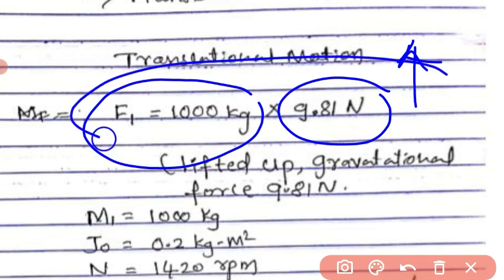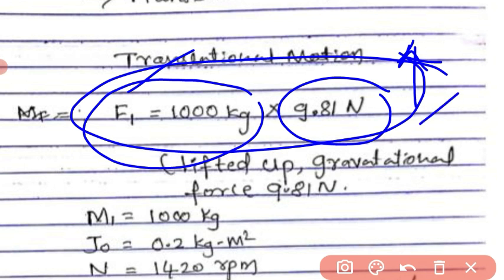So we have to multiply with 9.81 here. F is nothing but 1000 into 9.81, and M1, the mass, is 1000 kg. J0, the motor moment of inertia, is 0.2 kg meter square, and the speed of the motor is 1420 rpm.